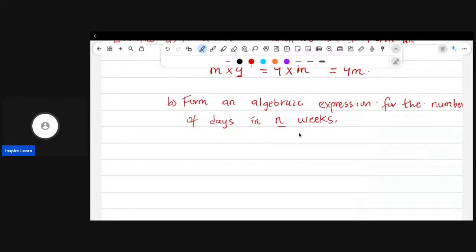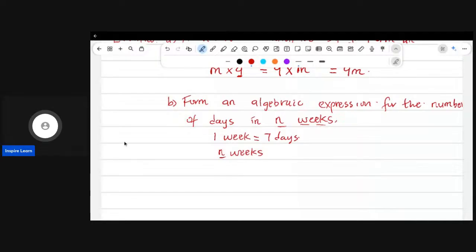One thing that we need to know is a week has got how many days? We know that 1 week is equal to 7 days. But now we are talking about n weeks, so there are weeks that we don't know how many they are.